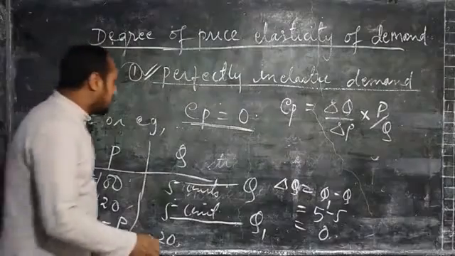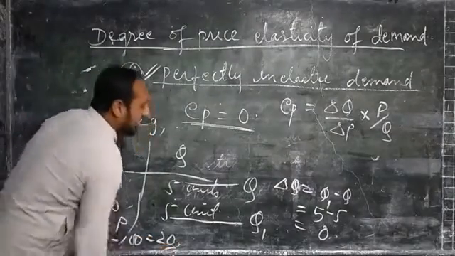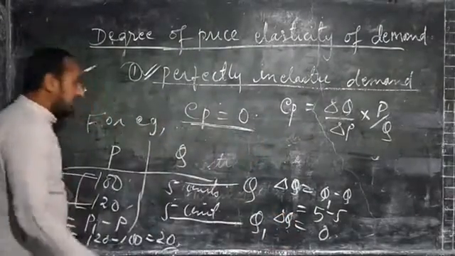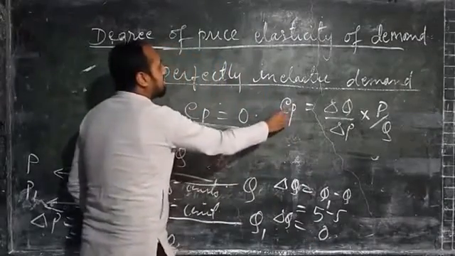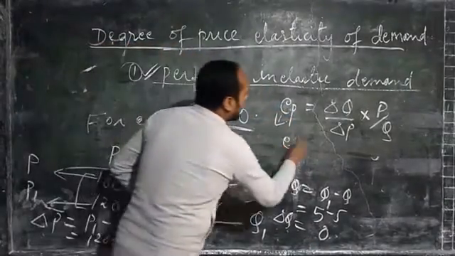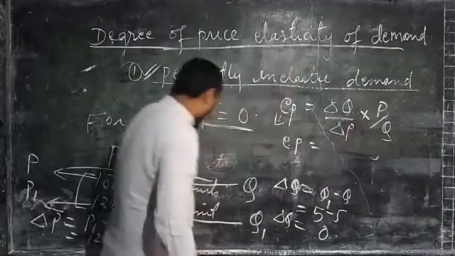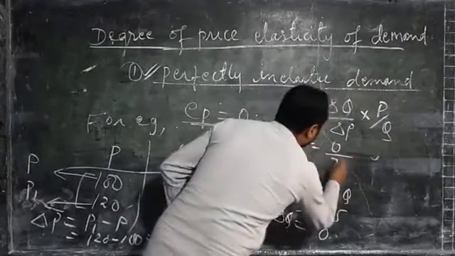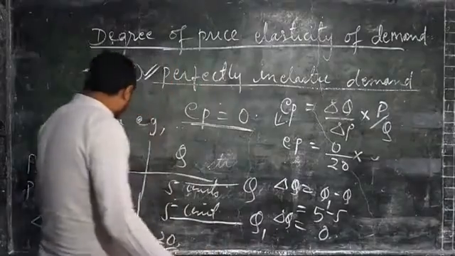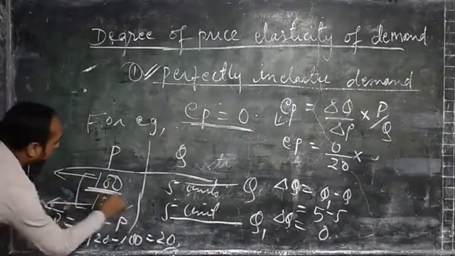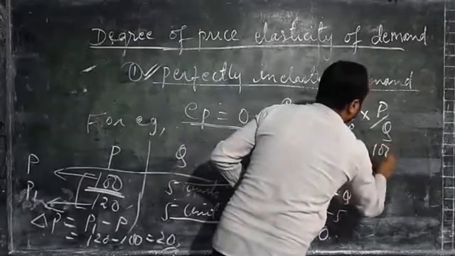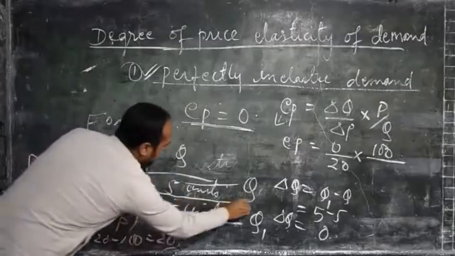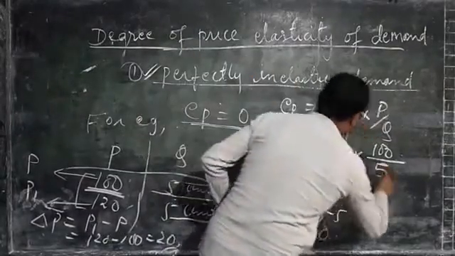Now if we put del P as 20 and del Q as 0, we will get the value of EP as 0. So EP equals del Q, which is 0, divided by del P, which is 20, into the initial price 100 divided by the initial quantity Q, which is 5 units.